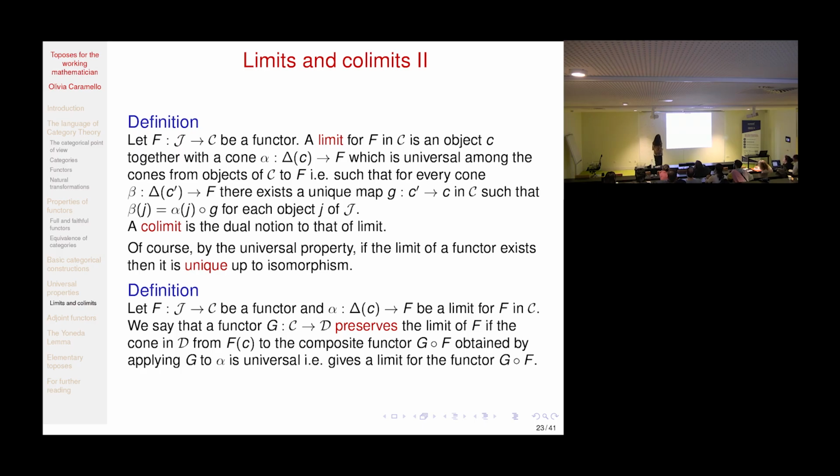So we say that such a functor preserves the limit of the diagram if composing this functor with the limit cone gives a limit cone for the composite functor. So it is really the intuitive notion.